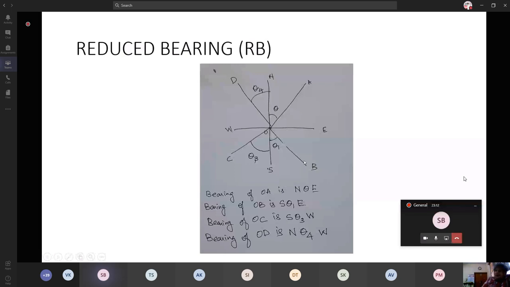I keep my instrument at O and measure the bearing of line OB. Then I shift my instrument to B, and on the same line I measure the bearing of line BO.